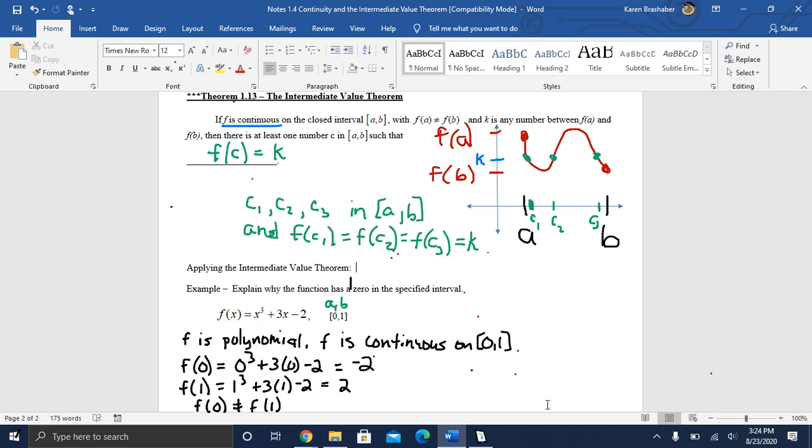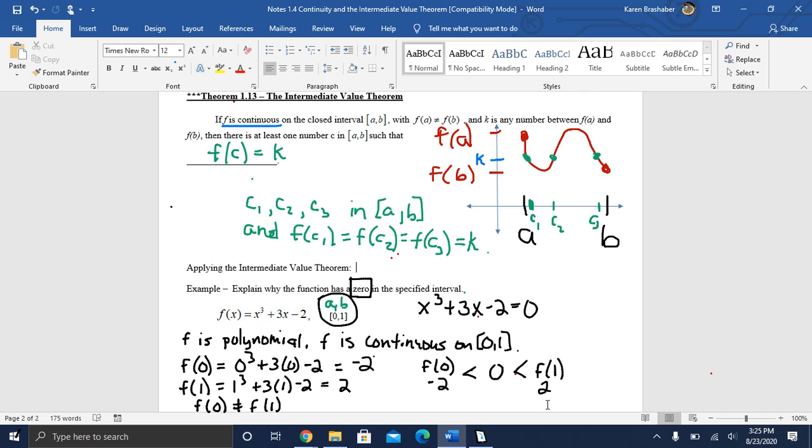So how can we know that x cubed plus 3x minus 2 will equal 0 in the interval between 0 and 1? Well, that's because we found out that f of 0 turned out to be negative 2, and that is less than our value that we're interested in, which is the 0 of the function, and that is less than f of 1, which turned out to be positive 2.